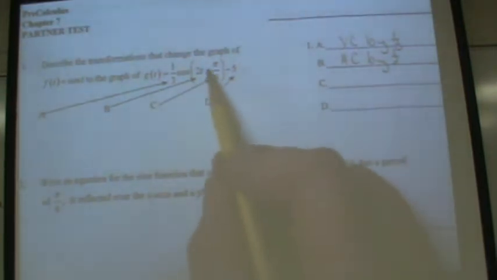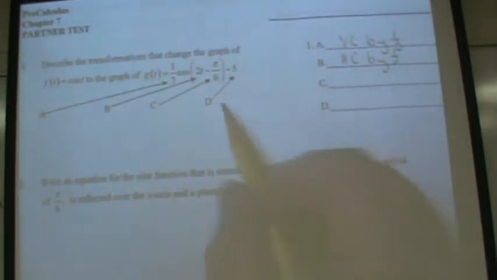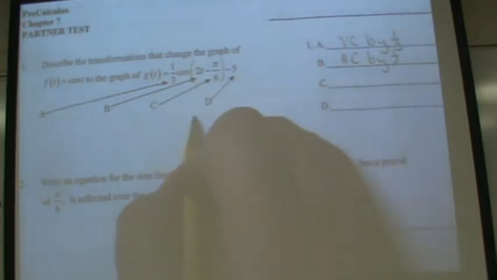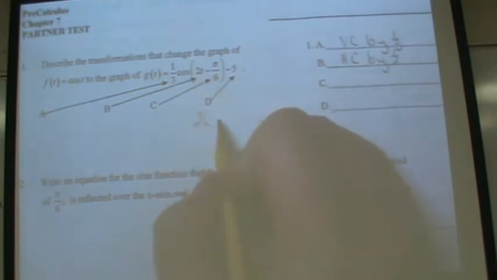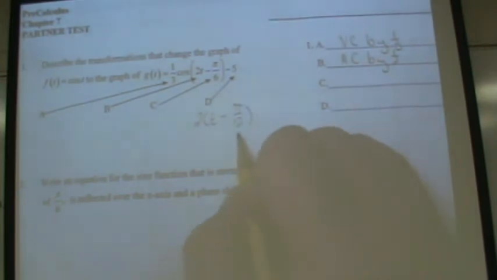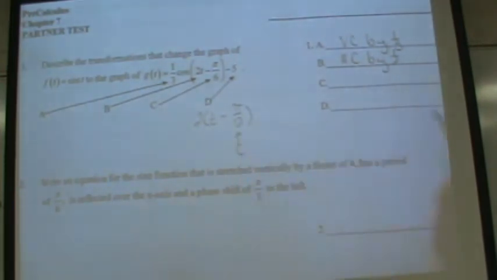Your C value, that's your phase shift. For a cosine, we have to find our phase shift, so we're going to pull out that B value. So we're going to pull out that 2, and that's times t minus pi over 12 when you pull that 2 out. So now your C value is that pi over 12.